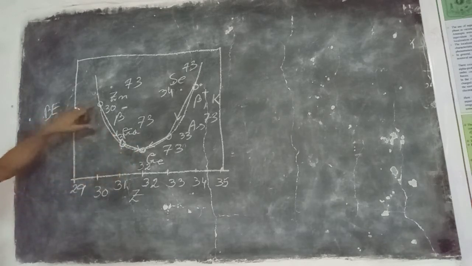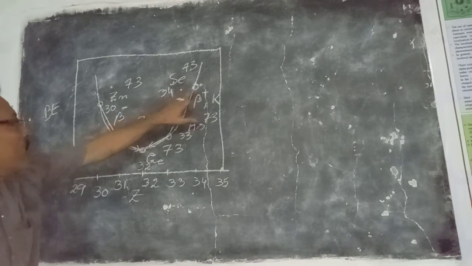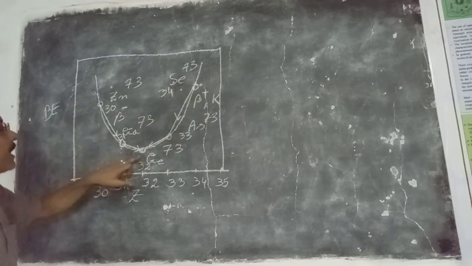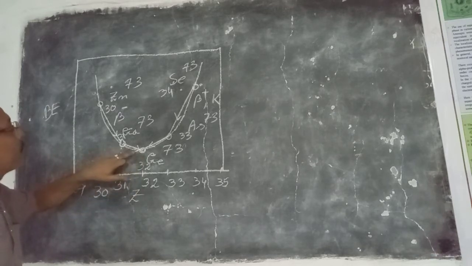All other isobars which lie on the two arms of this parabola have less binding energy than this one, because this is the most stable one.